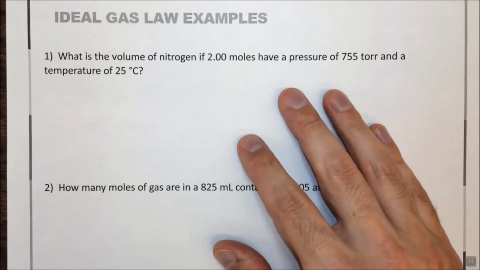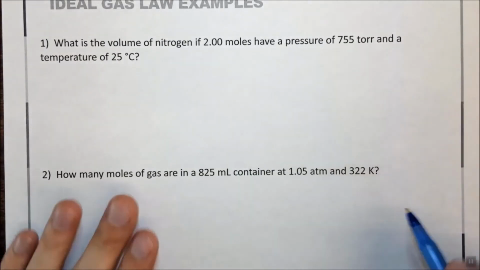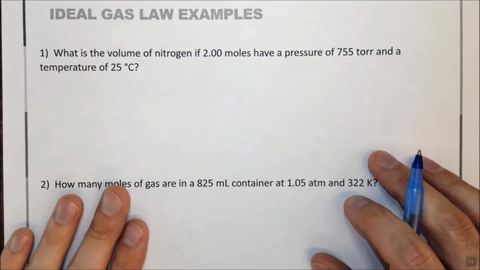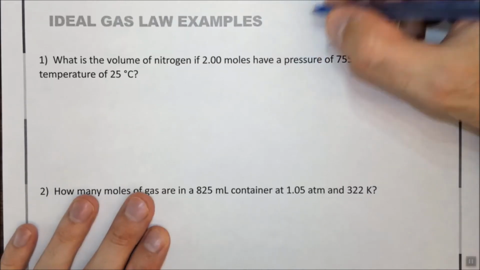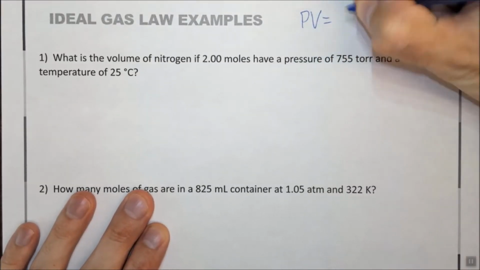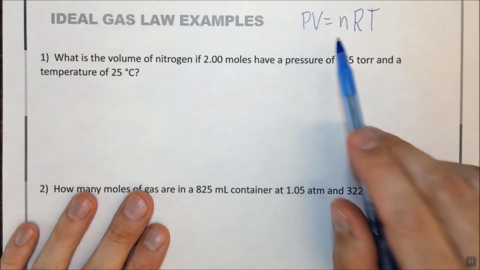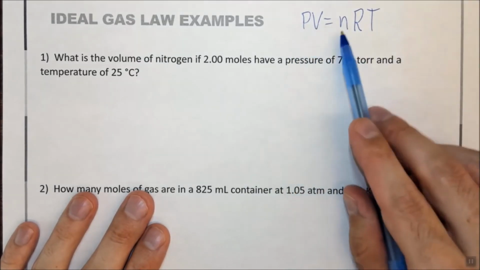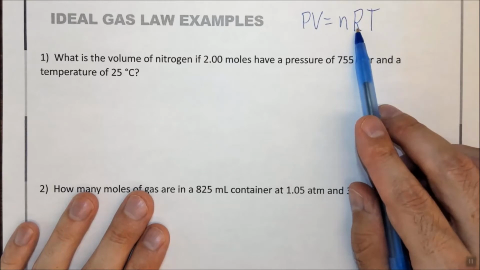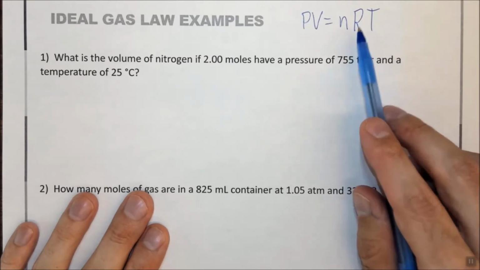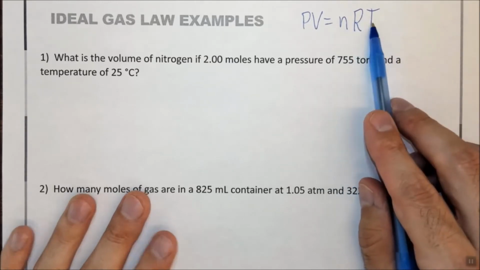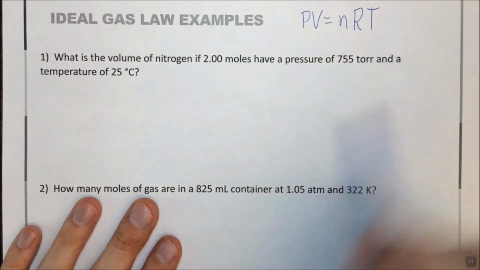Now that we've looked at that, let's do a few examples using the ideal gas law. Remember that the ideal gas law is PV equals nRT, where the pressure is in atmospheres, V is the volume in liters, n is moles, R is 0.08206 liter atmospheres per mole K, and T is the temperature. So let's look.